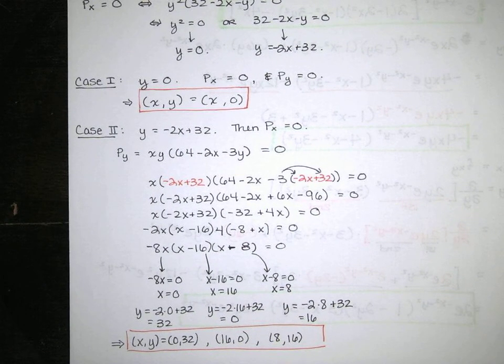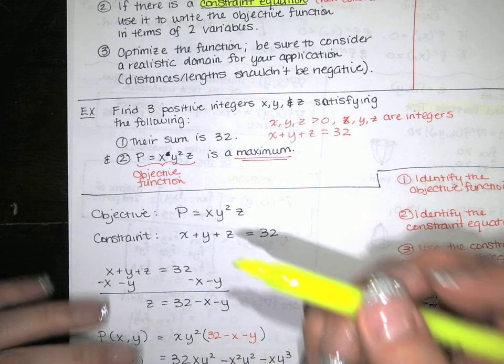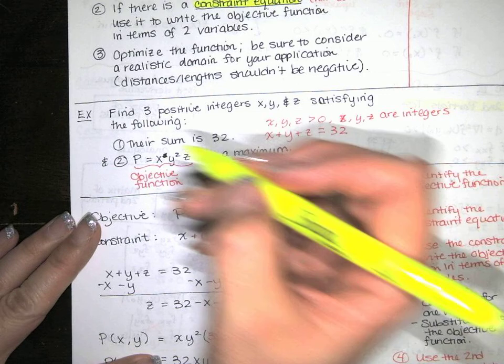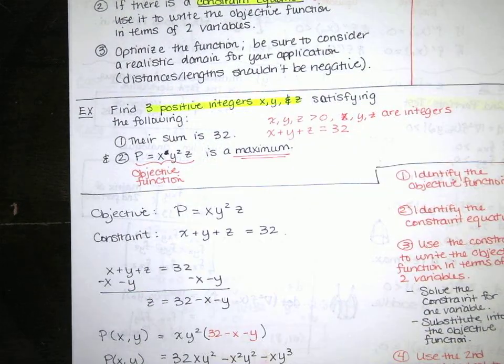Okay, and actually, we can rule out some of these. Let's think about it. What did the original question say? It said find 3 positive integers, x, y, and z, satisfying the following. That means y has to be positive.